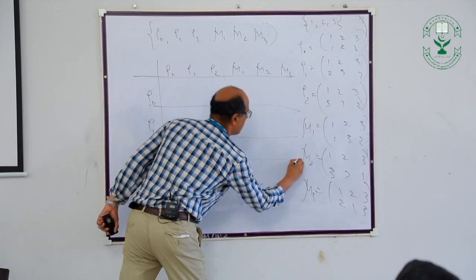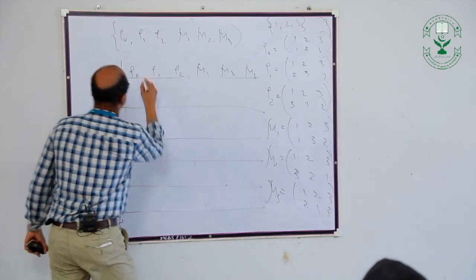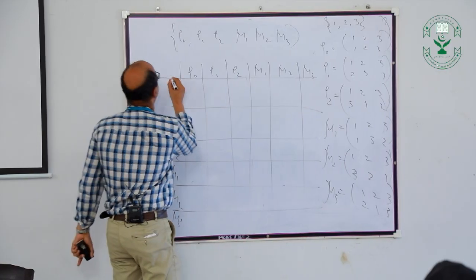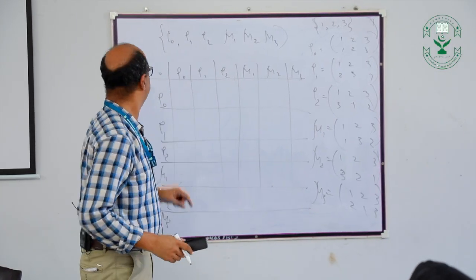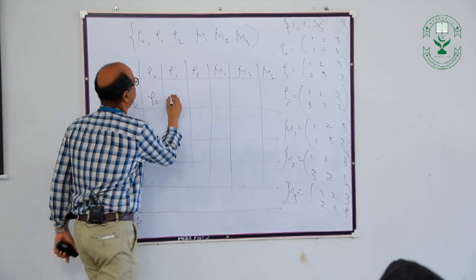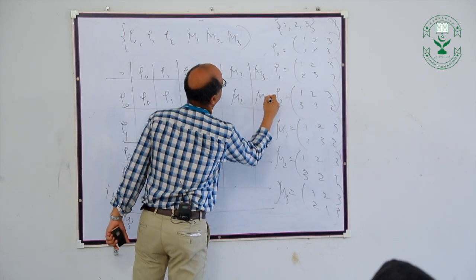This table is called a composition table, and this operation is called a composition. So row 0 into row 0, I am going to write row 0.